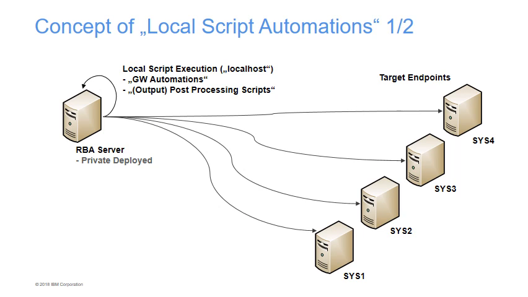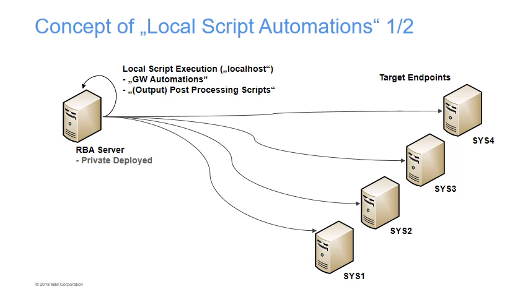Gateway automations, as shown in this video, and output post-processing script automations, also shown in this video before, need to run on some targets as well, as real script automations do. Very convenient is to run those kinds of automations on a local server where RBA itself is installed.